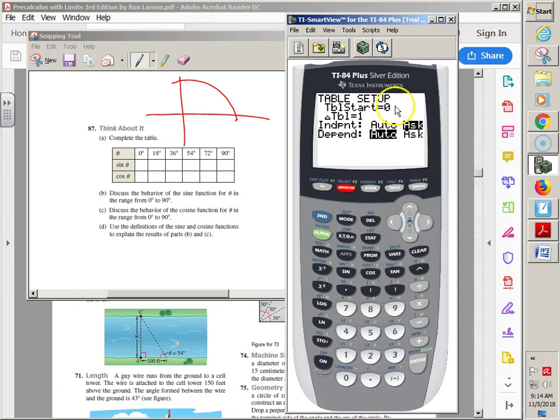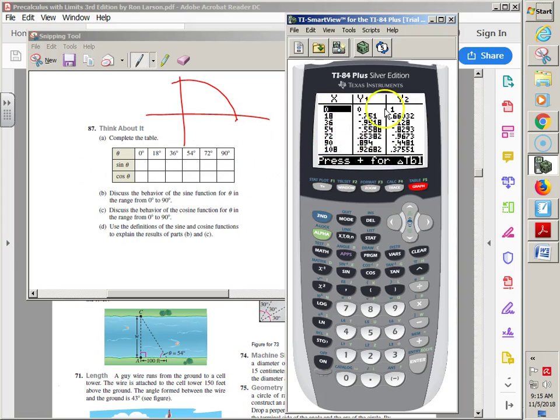Window. There you go. Start at 0. Go by, not ones. Let's go by 18s. And then why am I not going to keep it on ask, but I'm going to auto? It'll land exactly where I want it to go.